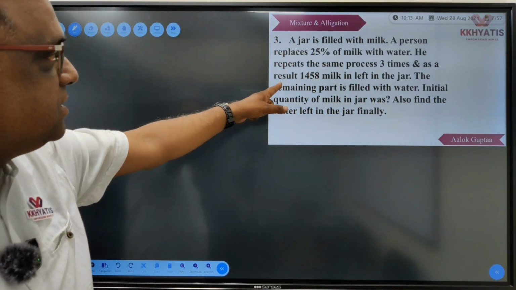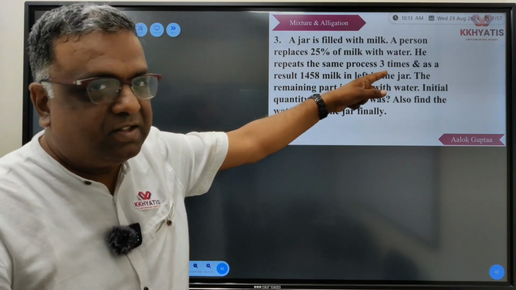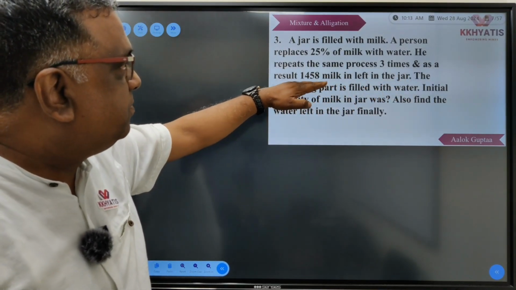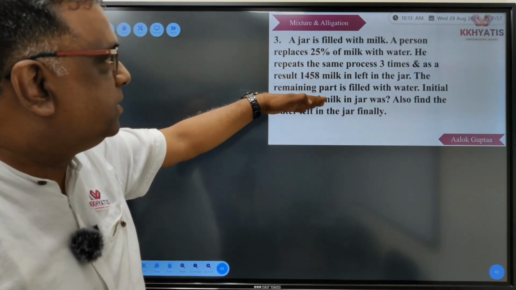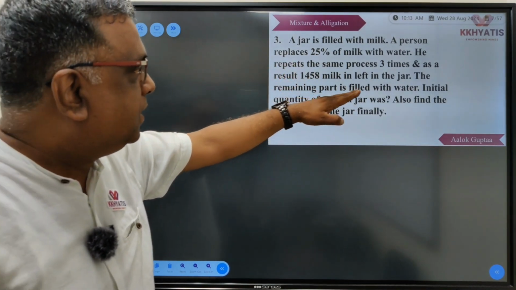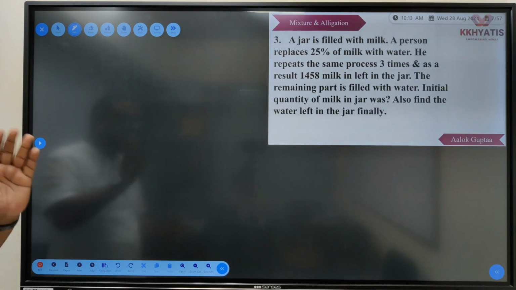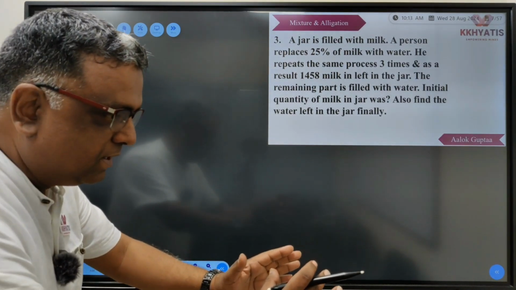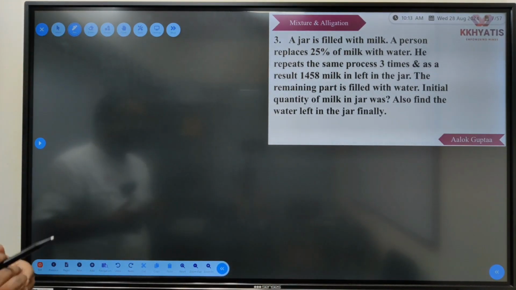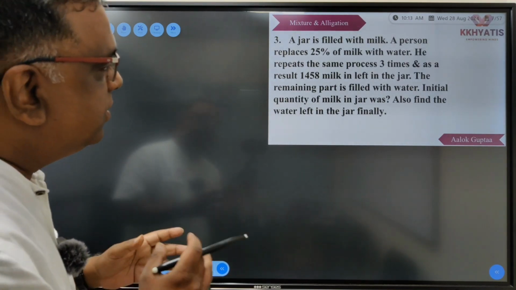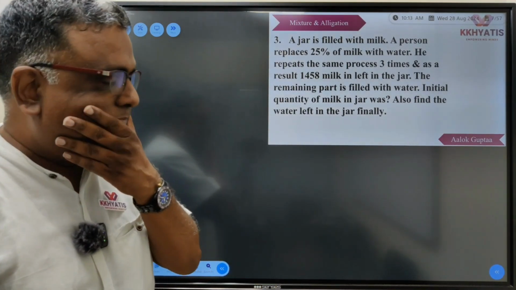And as a result, 1458 milk is left in the jar. The unit has not been given, whether liters or milliliters, so I can assume anything. The remaining part is filled with water, which means he's removing 25% of milk and then is putting 25% of water back. Initial quantity of milk in the jar was.